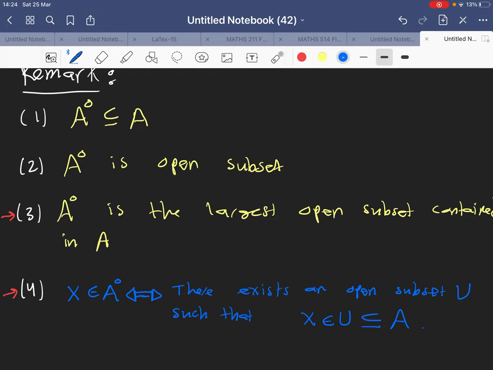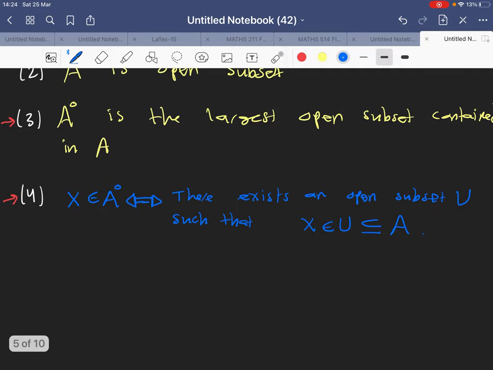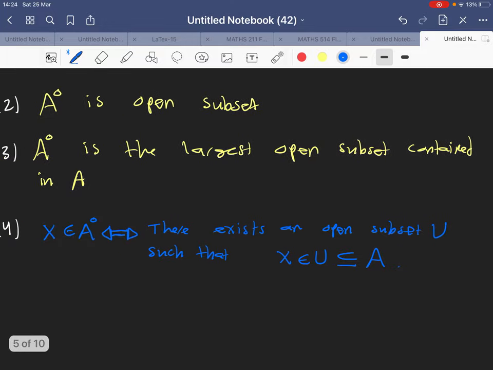I prefer now to pause for a second, maybe do a quick example, and then continue the list of remarks here. So just let me go ahead to the next example. Example 4.